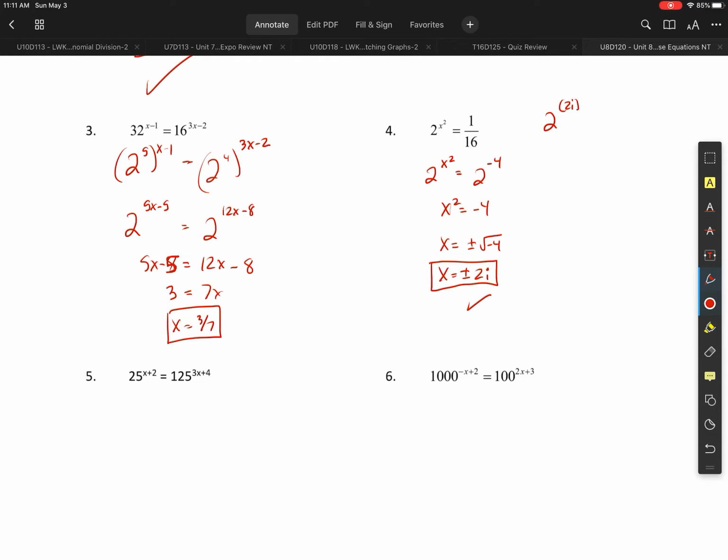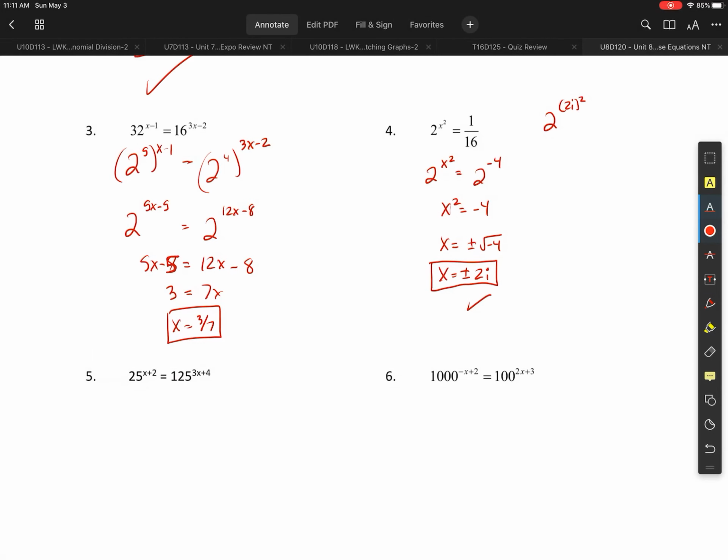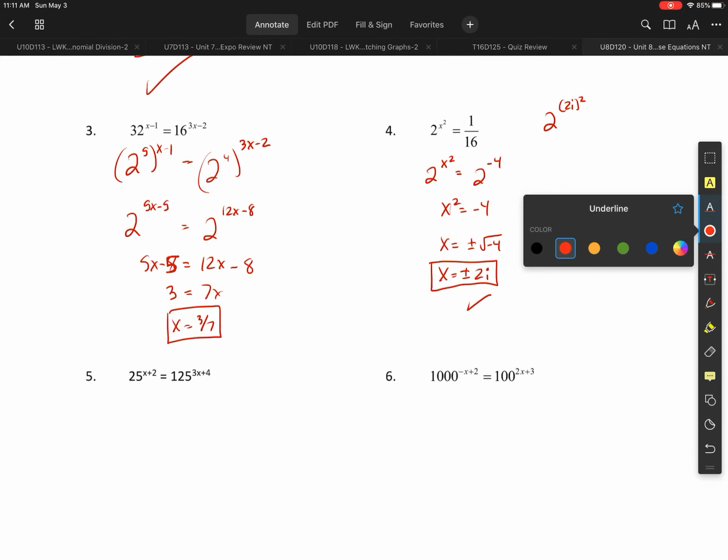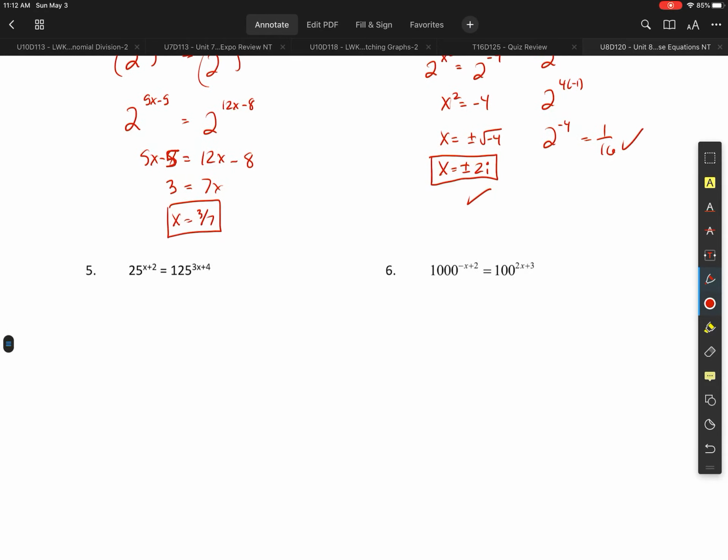So if I plug in 2 to the 2i squared, this gives me 2 to the 4i squared, 2 to the 4 times negative 1, 2 to the negative 4th, which is 1 over 16. It does work. They both work. It's just a little strange to get those i values.